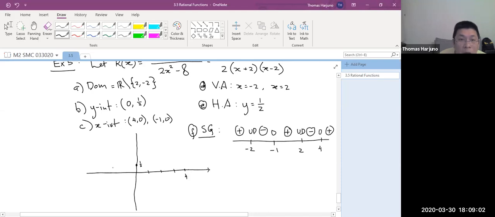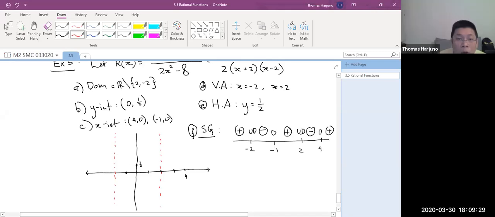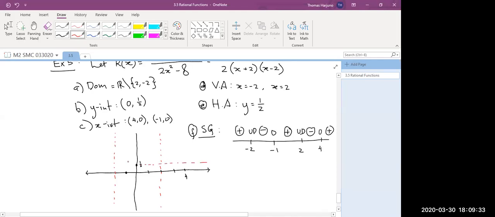And then another x-intercept negative 1, 0. Vertical asymptote x equals 2. X equals negative 2. And the horizontal asymptote y equals 1/2. Oh, exactly here. Y equals 1/2.